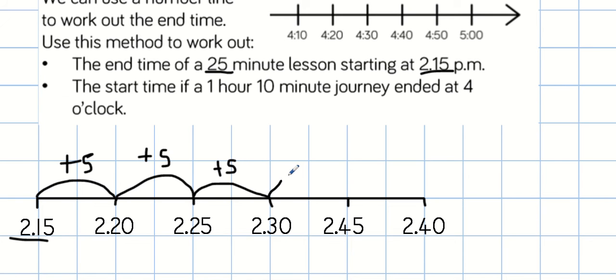It's going to equal 20 minutes of my 25. And it's going to equal 25 minutes of my 25. So I've gone forward in 5s until I've got to 25 minutes further forward, and my answer is going to be 2:40. And then don't forget to put the PM because it's in the afternoon.